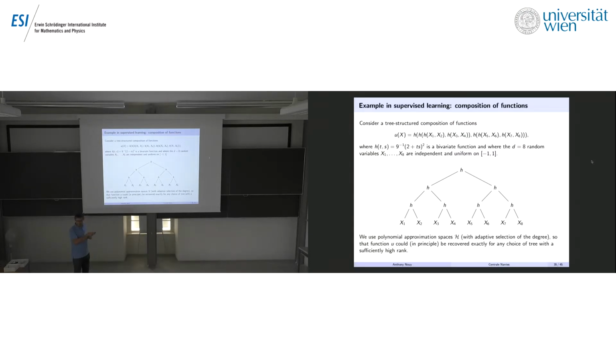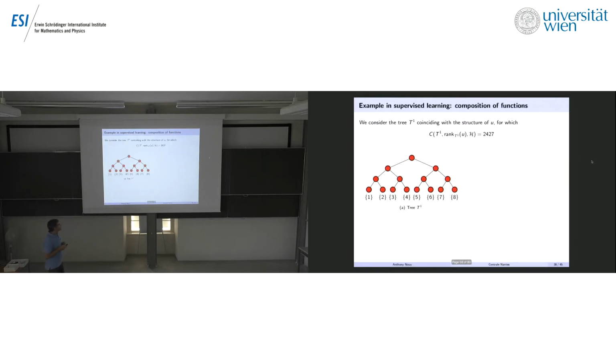It has to be close to the structure of the function here. If you choose a tree, for the representation, which is related to the structure of this compositional function, you have a representation complexity in this tree-based format of the order of 2,000.